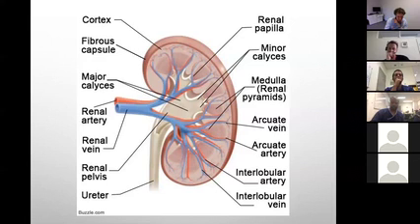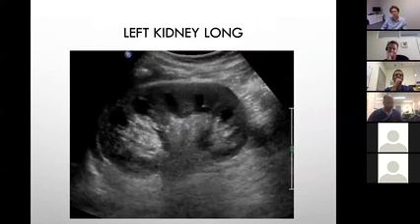So move on. So I said, just a long axis of a kidney. Very good. If the marker is on this side, most likely that's going to be your superior pole. That's going to be the inferior pole of the kidney. You got your fibrous echogenic capsule, hypoechoic cortex.